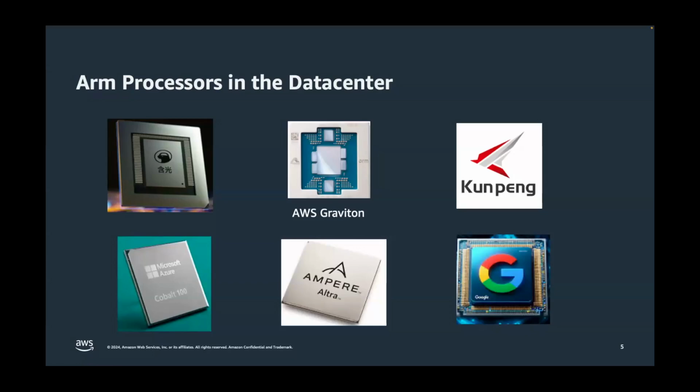Whether it's a cloud from Alibaba or Huawei or even Microsoft and Google, they are creating their own ARM-based processors as well. And if you own your own hardware, you can even buy an ARM-based server from Ampere Ultra. So you can buy a server and run it in your data center. And Ampere Ultra is also the servers that Microsoft and Google are using for their ARM-based processors at this point in time.